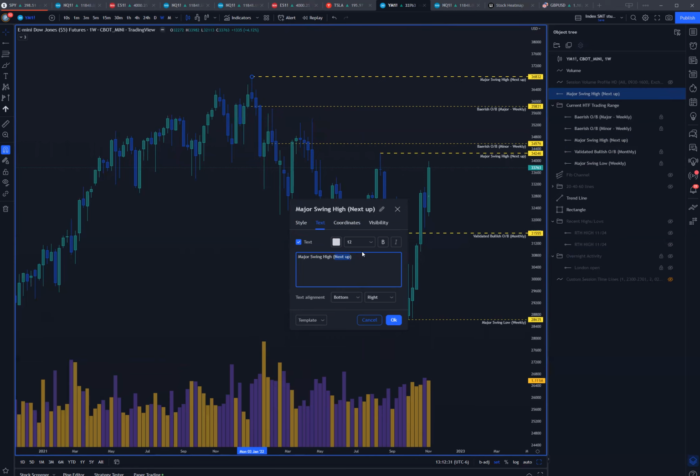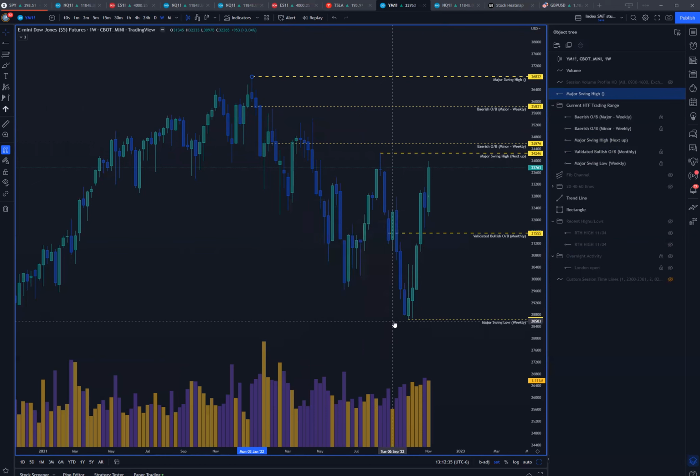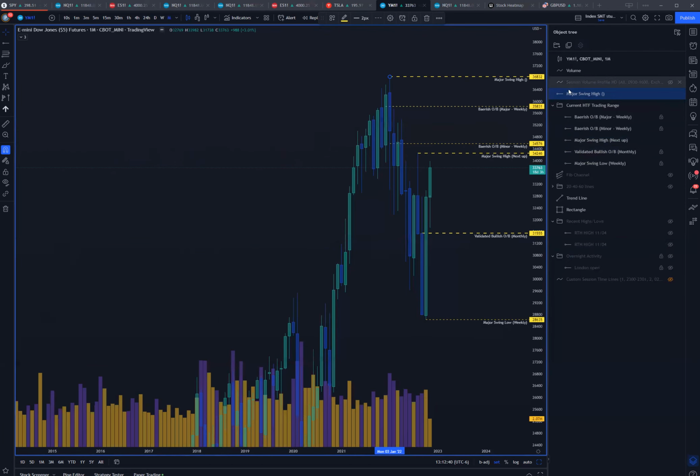Maybe this would be, it's definitely not next up. Let's see if it happens to be a monthly swing high. Yes, it does. Okay, good.